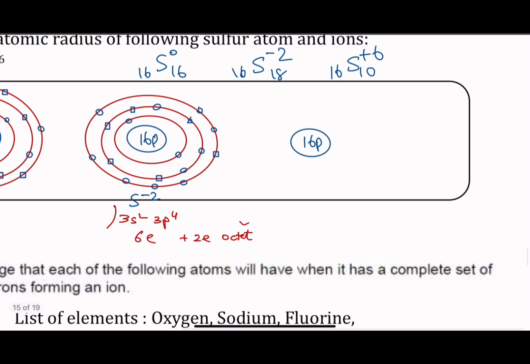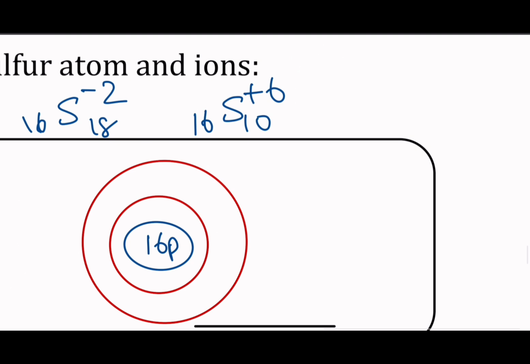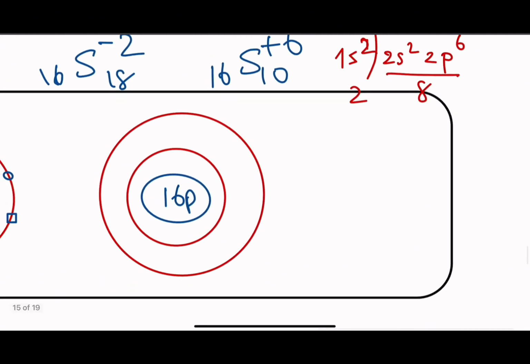And the next one we have in here, let's see how many shells do I have. So sulfur plus 6 is 1s2, 2s2, and 2p6, and that's it. So we only have 2 shells.